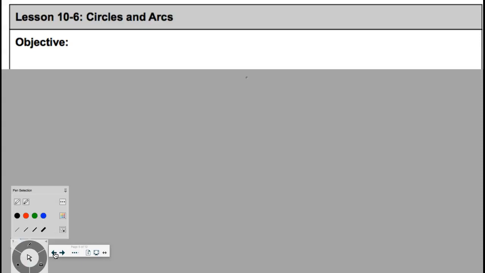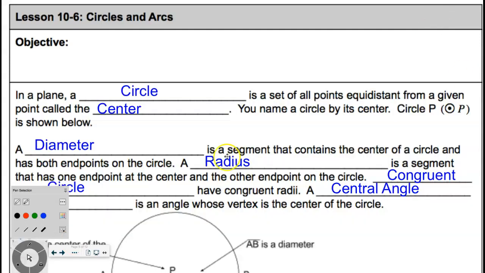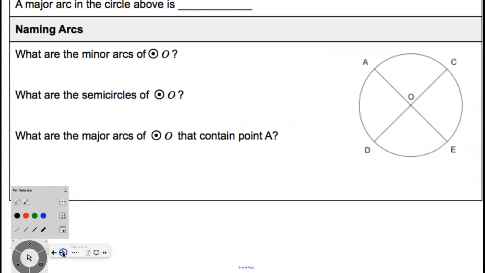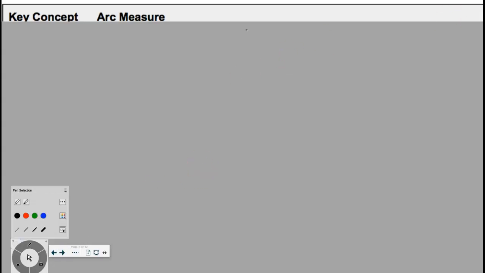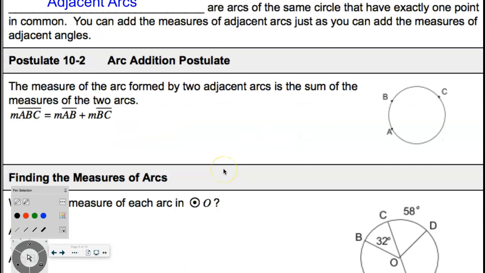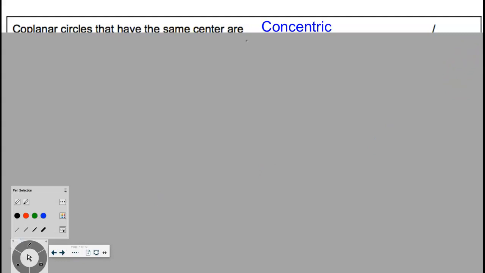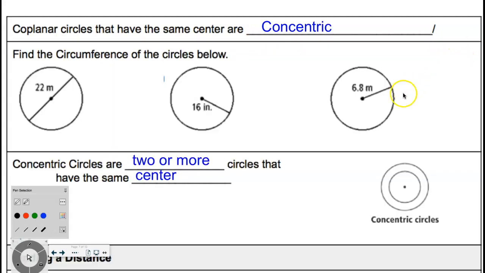I'll tell you what part we're going to hop on, because we did a majority of it yesterday. I'm going to get rid of these slide down things. We did all this yesterday. I just shortened it up for you, so we don't need to do that page. We did all that. Yep, we got through all of that in 10-6. I'm just trying to figure out where I need to pick up the notes. I think we did the majority of it, guys.